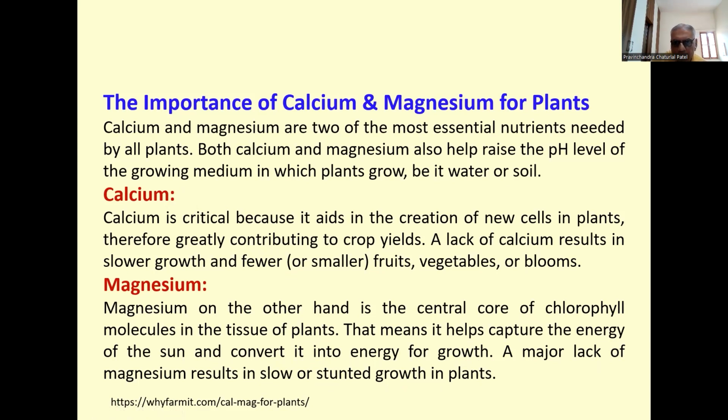Calcium is important for the cells, whereas magnesium is important for the center core of the chlorophyll. So it is very important for photosynthesis and chlorophyll formation.